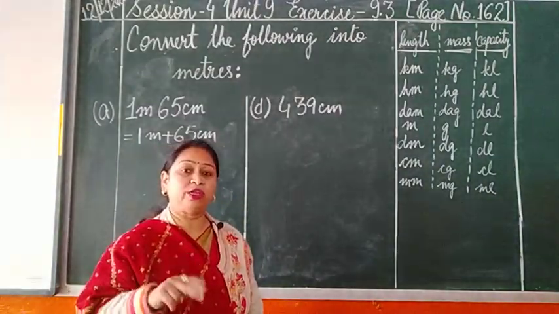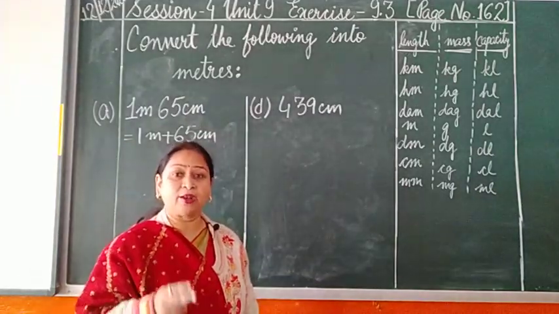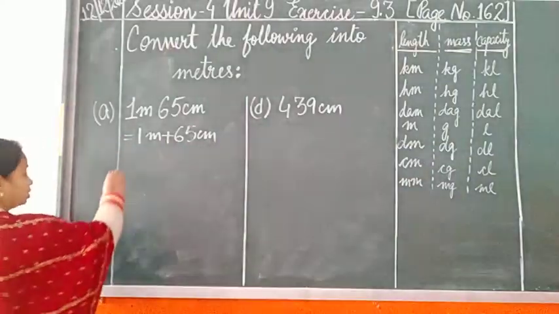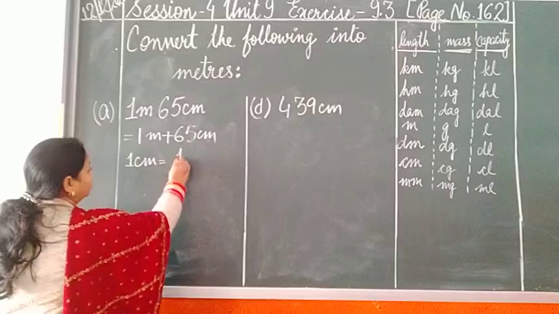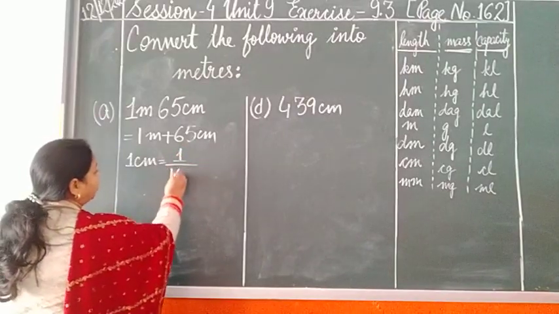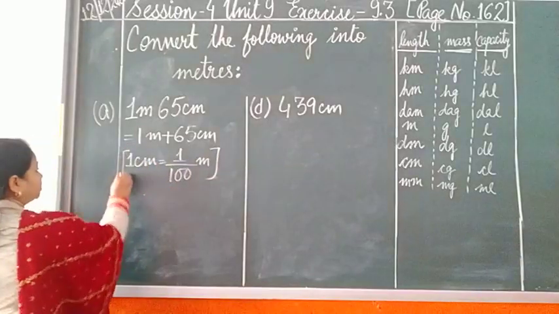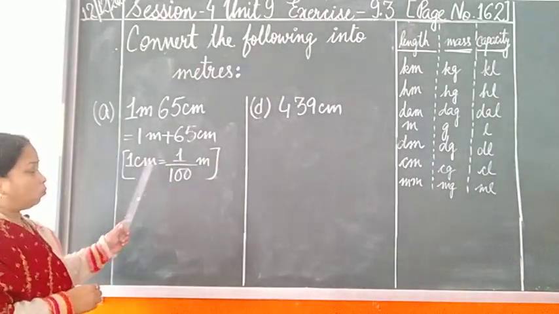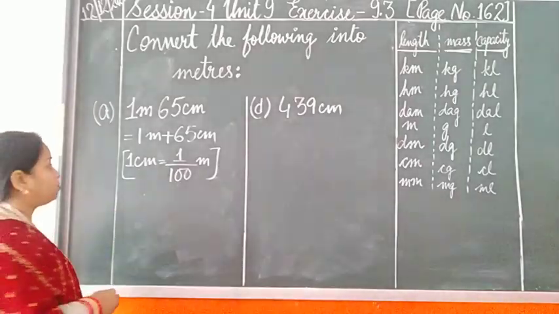So, as we are moving 2 steps, what it will be? Yes, 1 upon 100. So, how to change this one? 1 centimeter will be equal to 1 upon 100 meter. This is the conversion we are going to utilize over there. 1 centimeter will be equal to 1 upon 100 meter.